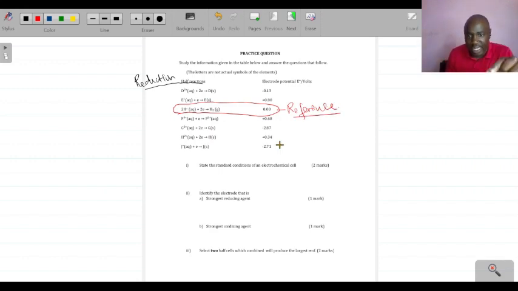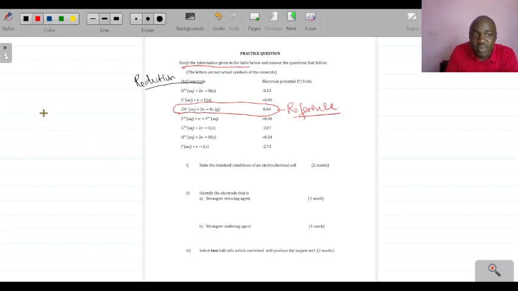So the mistake that students make is to rush into the questions given. The first thing you're supposed to do, you have been told, study the information. So we need to interpret the information even before we go to the questions. From what I can see, we have some positive values and also some negative values.